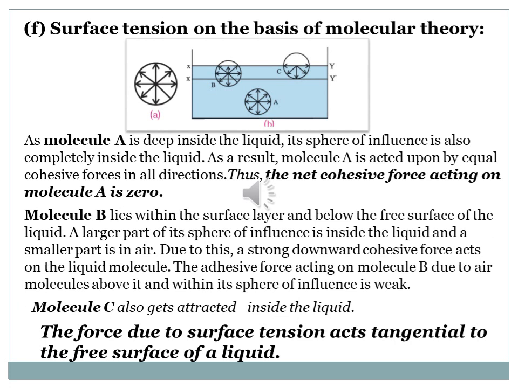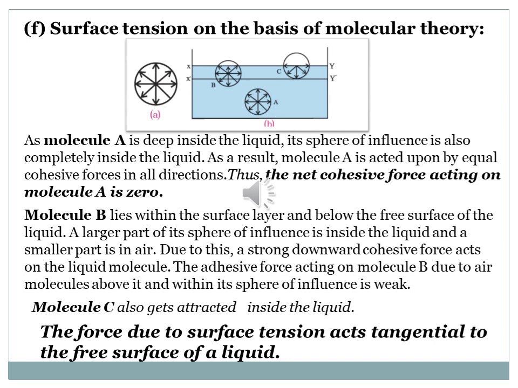So let's move toward the main part, which is surface tension on the basis of molecular theory. To explain the surface tension phenomenon, let's have a look at the diagram. There are two diagrams, A and B. Diagram A is the sphere of influence, which we studied in the last slide.